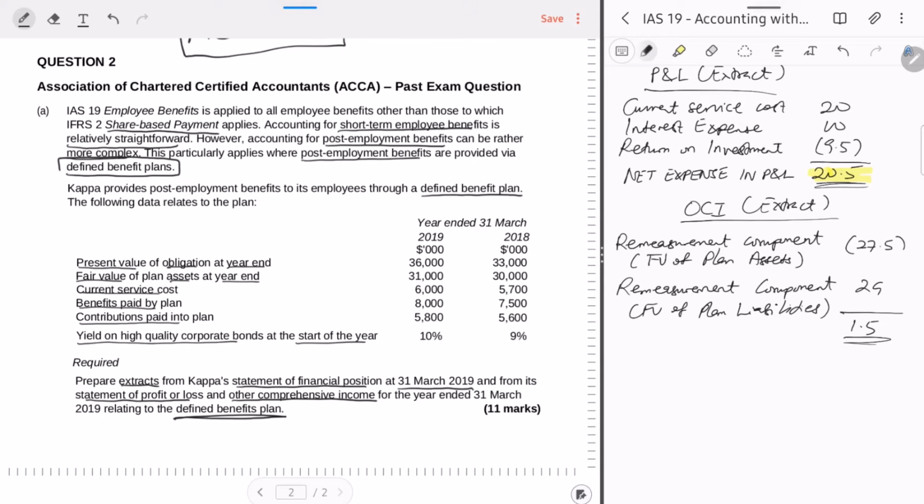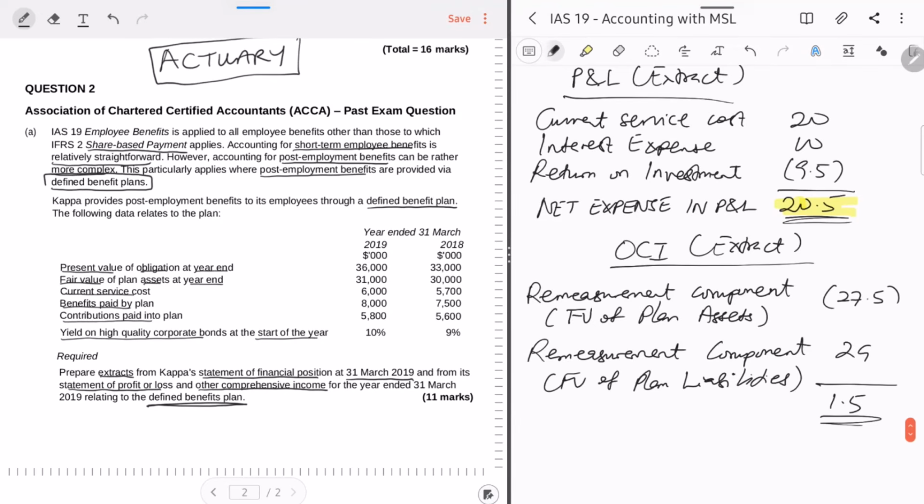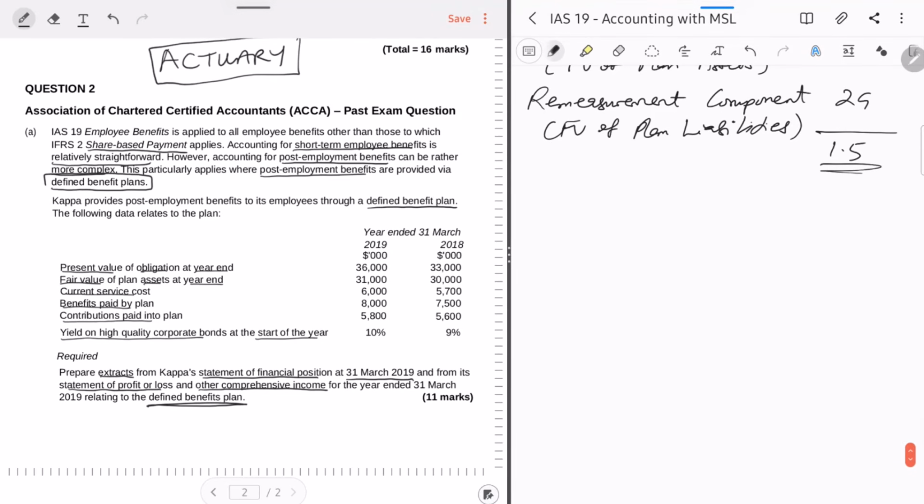That's it. So let's chuck these numbers into our template and see what we can do in this particular question. It's very easy. Like I told you, once you do this, you realize that you are very confident you can attack any question anywhere in the world when it has to do with post-employment benefits. Take my word for it.